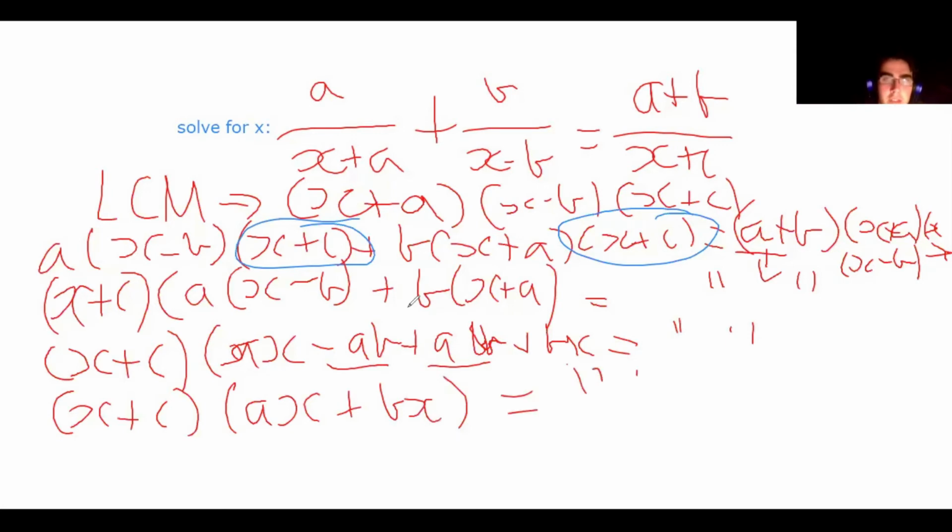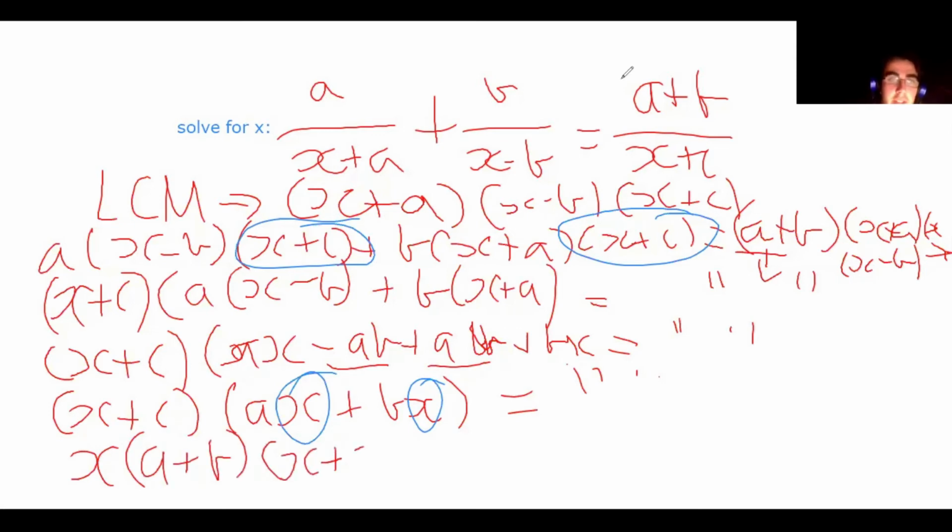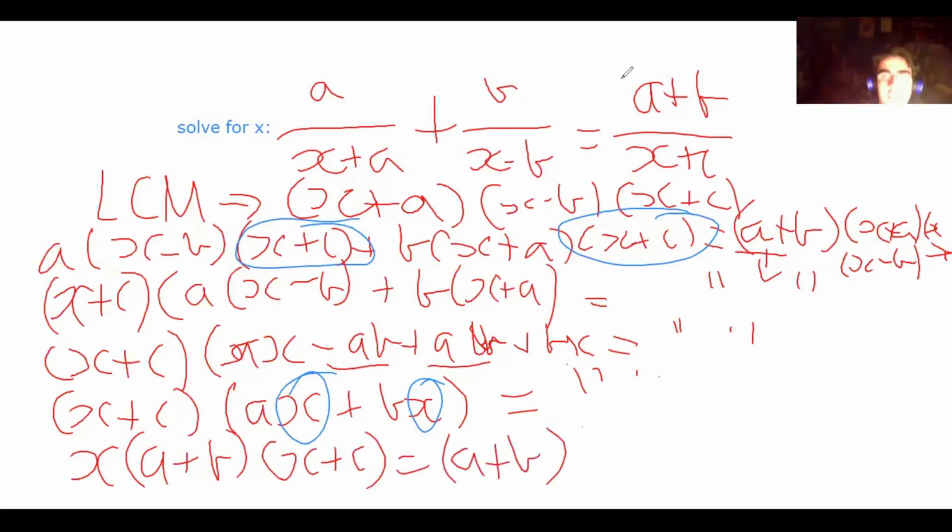Now, can we factorize this again? Well, why not? We've got x's for both terms, so the x goes out the front. We then have (a plus b), and then (x plus c). Now remember, that equals on the other side (a plus b)(x plus a)(x minus b).